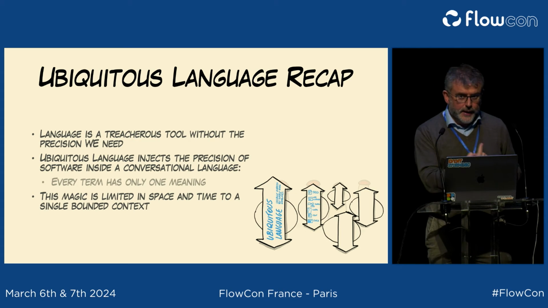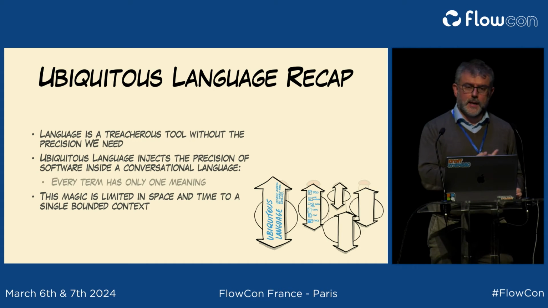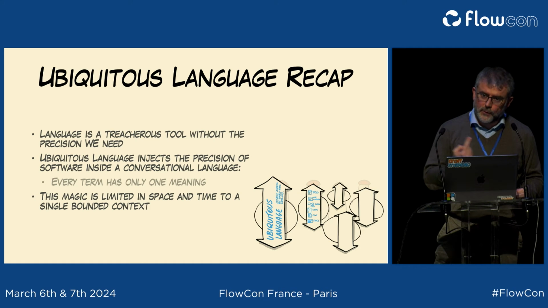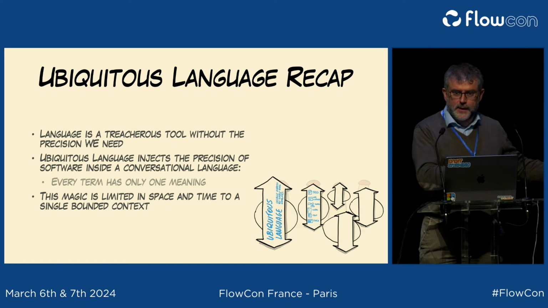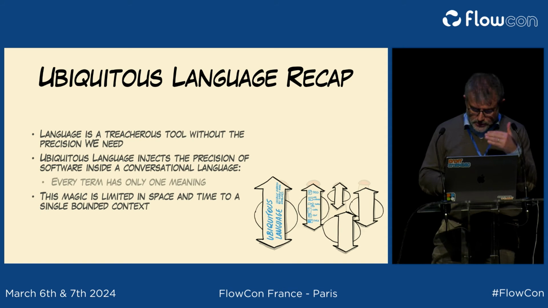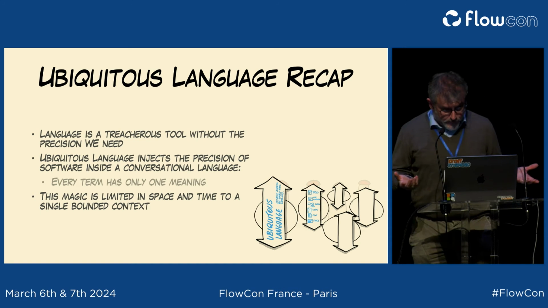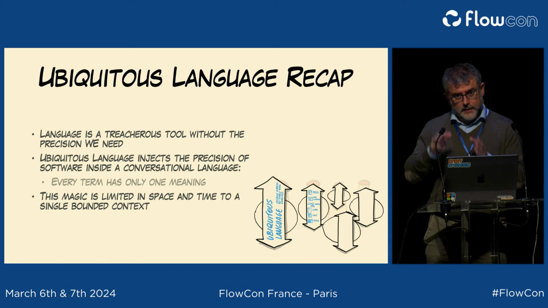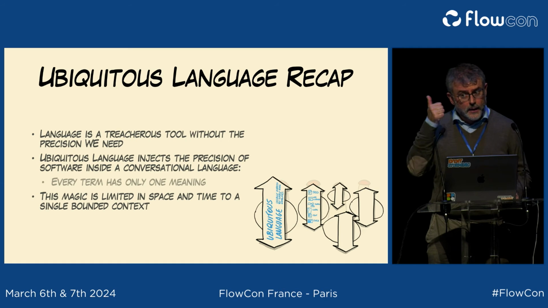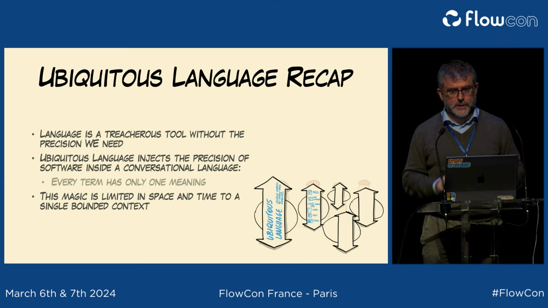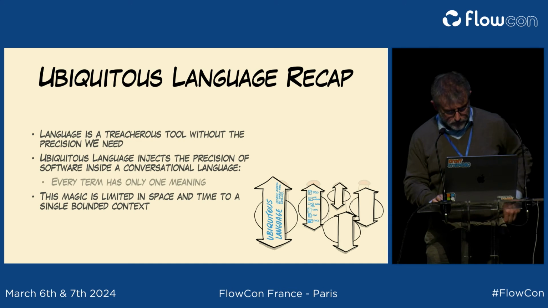In the second phase, development team and domain expert are refining the language, injecting the precision that might not have been in the original language. It's continuous work. The result is a dedicated single-purpose language where every term has only one meaning and one limitation. This only happens inside a specific bubble called a bounded context.